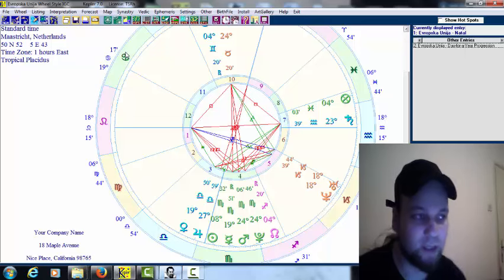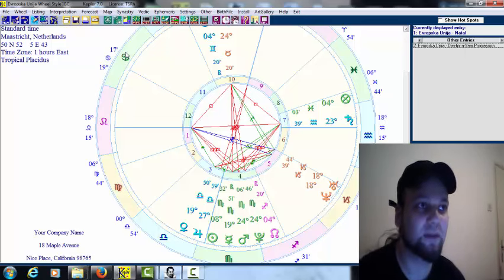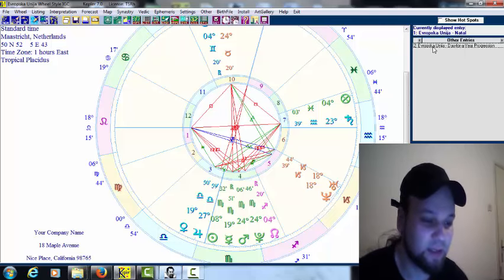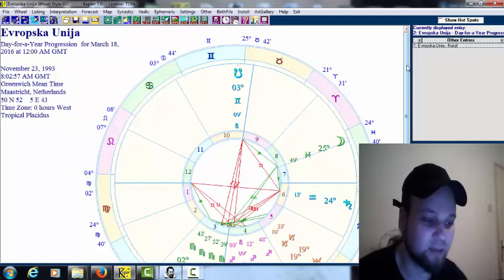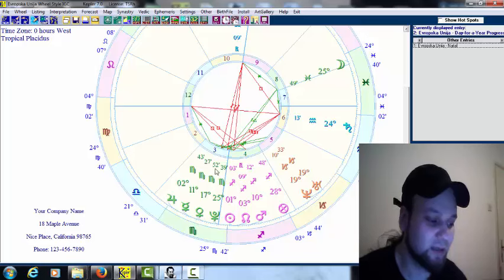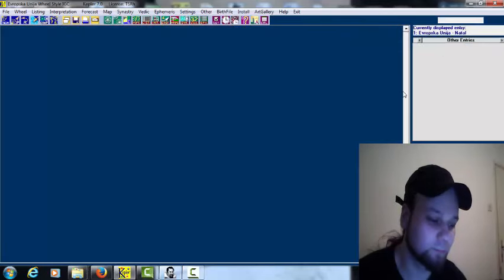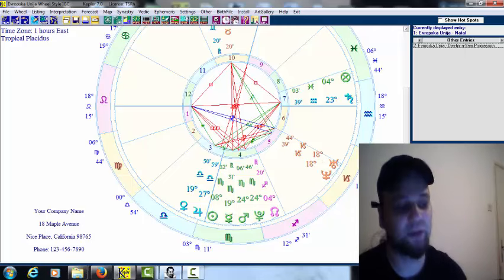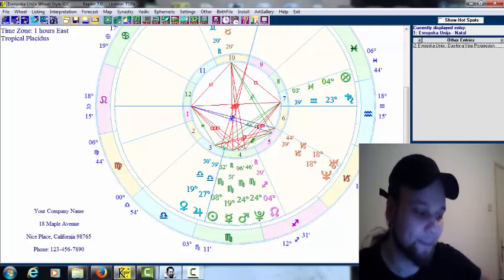Second, what we need to look at is the secondary Venus. If we look at Venus in the secondary progressions, we can see Venus has come to 18 degrees of Scorpio, and in this year forms a sextile with Uranus and Neptune.